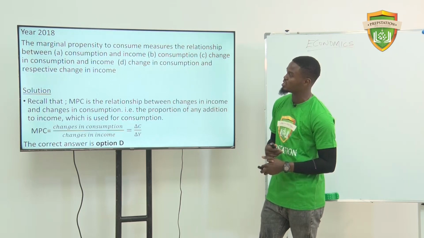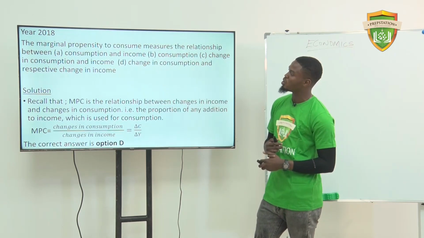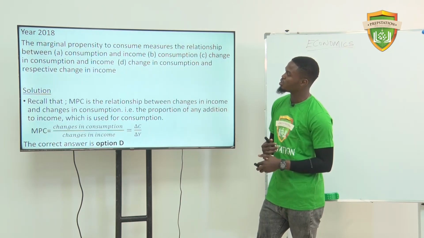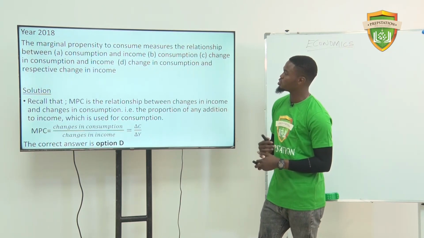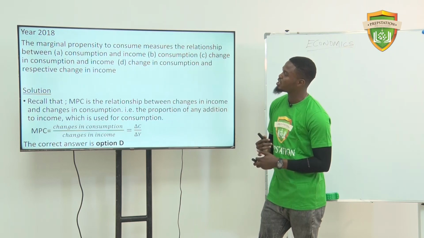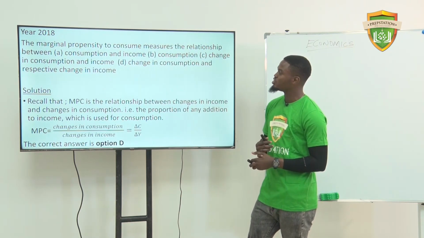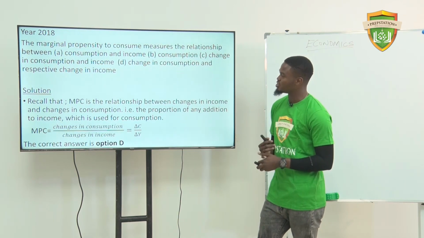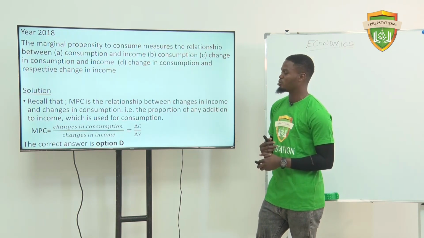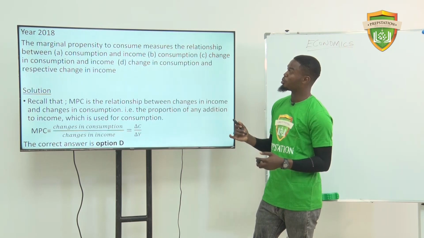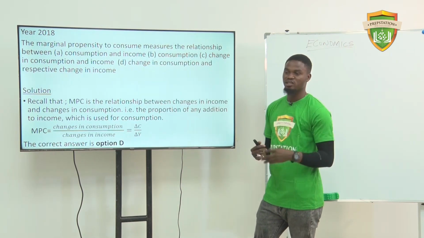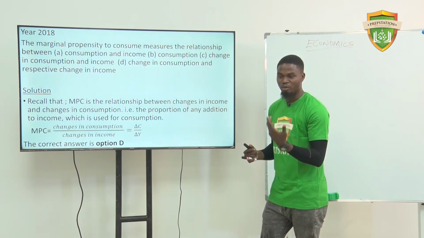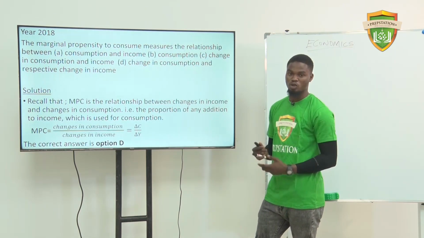Then you have the year 2018. The marginal propensity to consume measures the relationship between A, consumption and income, B, consumption, C, change in consumption and income, D, change in consumption and respective change in income. That is the propensity to consume. You know that if your income increases, there will be more opportunity to consume.